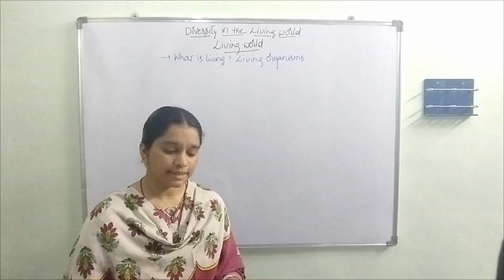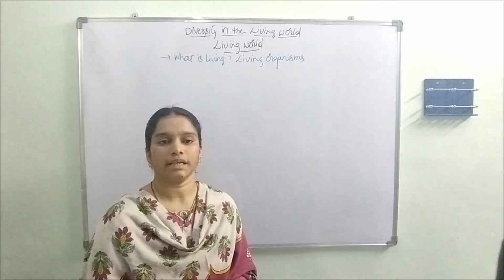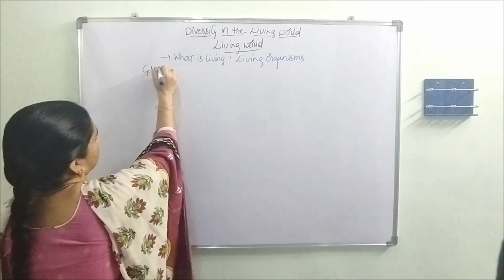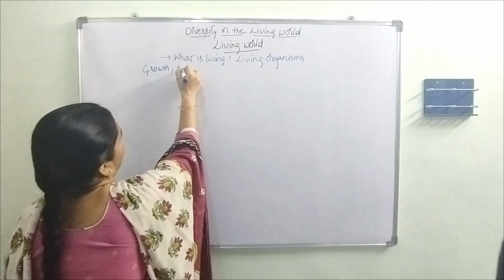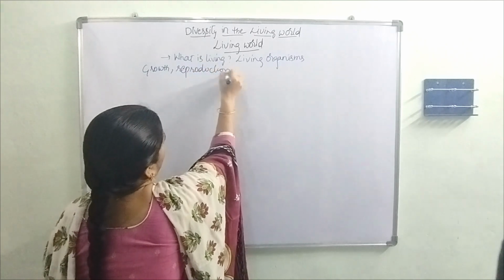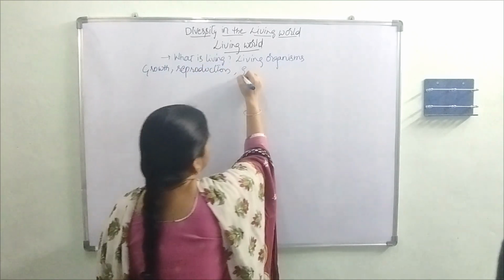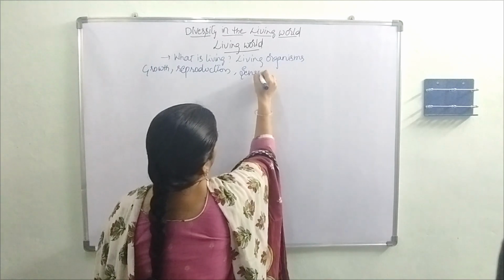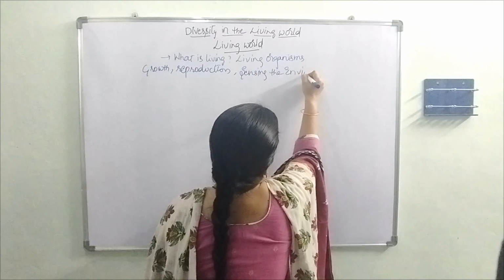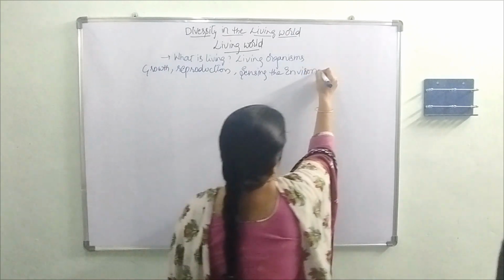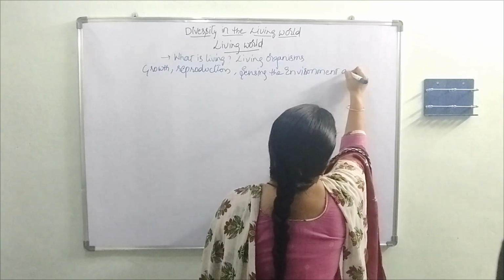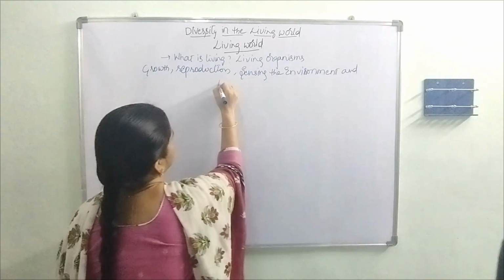What are the characteristics that are shown by the living organisms? They are growth, reproduction, sensing the environment, and metabolism.